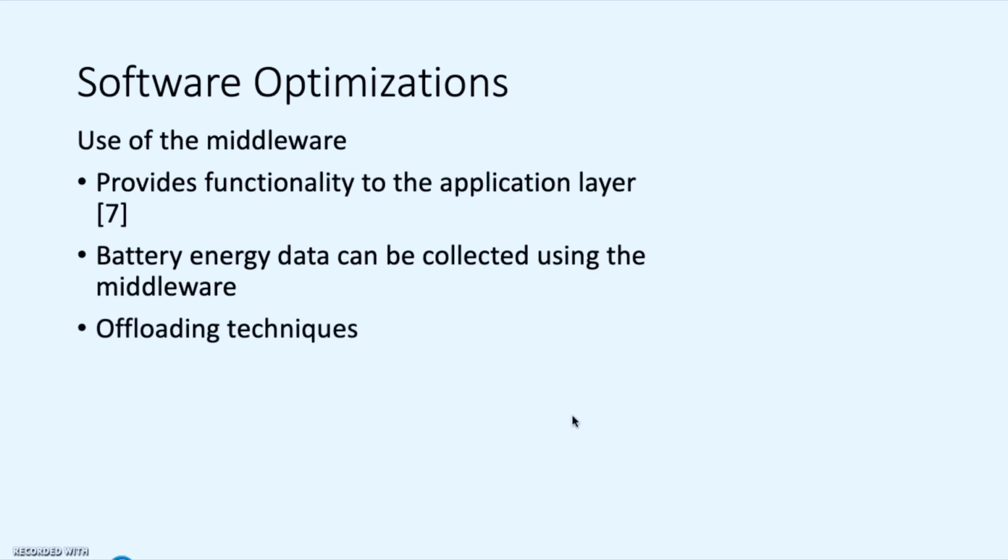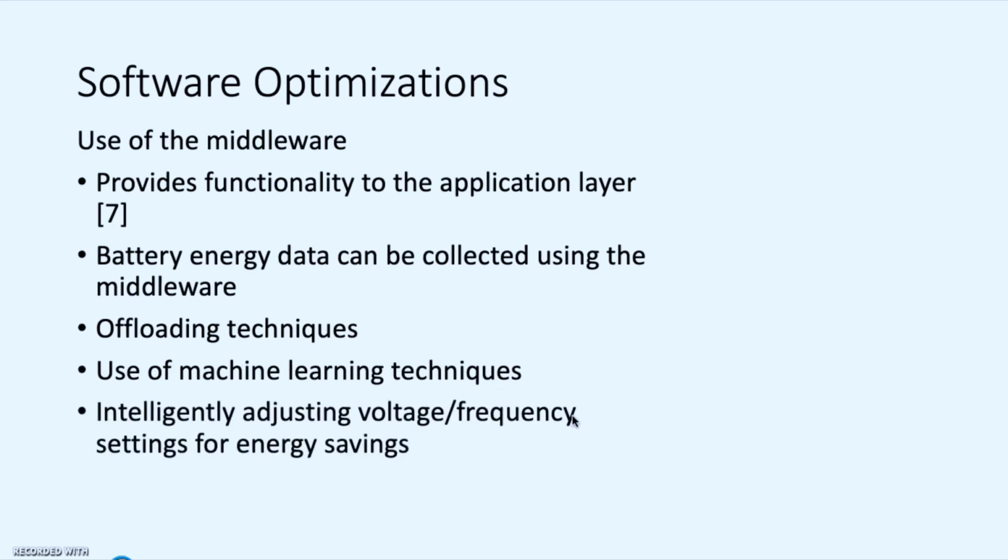And then you can use machine learning techniques to decide when the data has to be offloaded, or when it can be run on the phone. Efficiently offloading and processing it on the mobile will actually help save power.